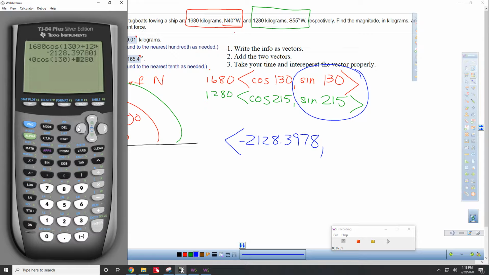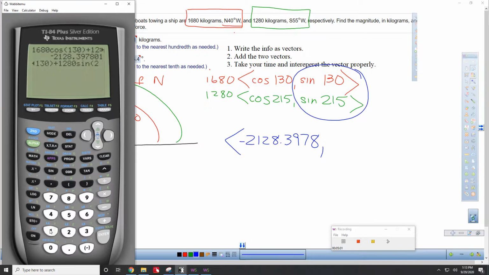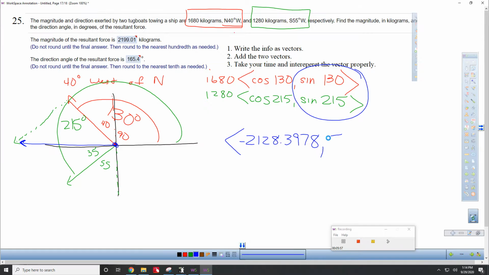Sine. 1680 sine of 130 plus 1280 sine of 215. Let's see what we get for that. 552.7768.